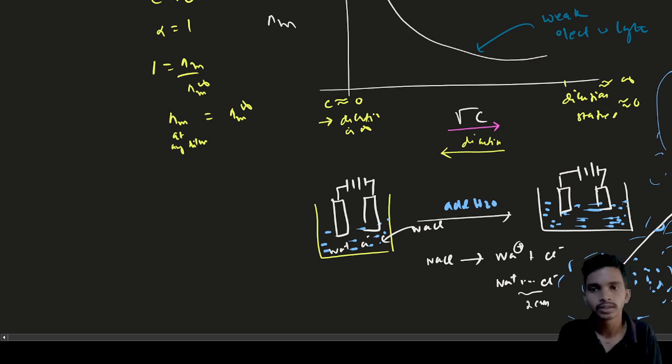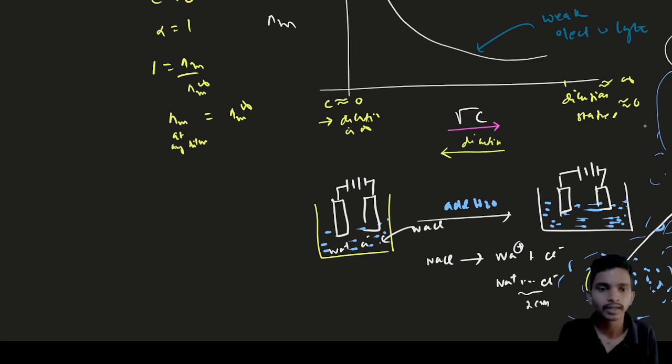So you see the distance at infinite dilution, when you have a huge amount of water, is very high. At this time the attraction between Na plus and Cl minus is nearly zero. It means that at infinite dilution there is no attraction between them, so they behave individually because there is no attraction between the opposite ions.